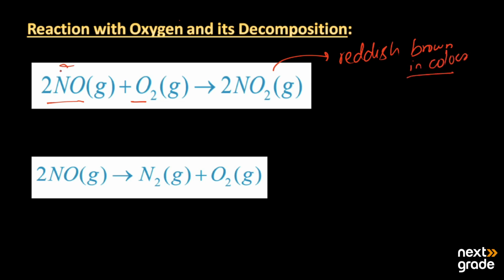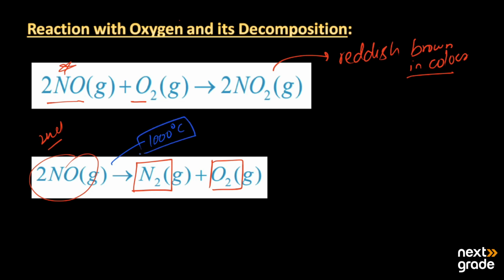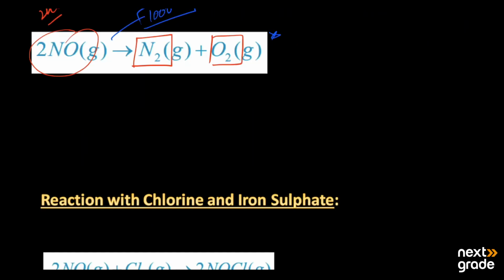The second chemical property: when it is heated, it decomposes into nitrogen gas and oxygen gas, and all that happens at a very high temperature. The temperature we have to keep is 1000 degrees Celsius, so that the reaction can easily happen. These are the simple reactions or chemical properties of the oxides of nitrogen.